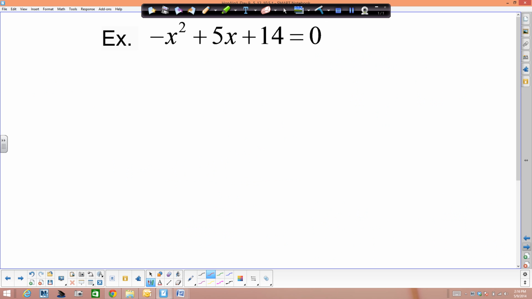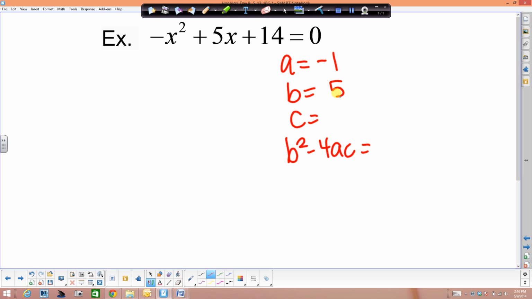Alright, so for this one, we've got negative x squared plus 5x plus 14. So let's go ahead and find a, b, and c, and then b squared minus 4ac. So a in this case is negative 1, b is 5, and c is 14.